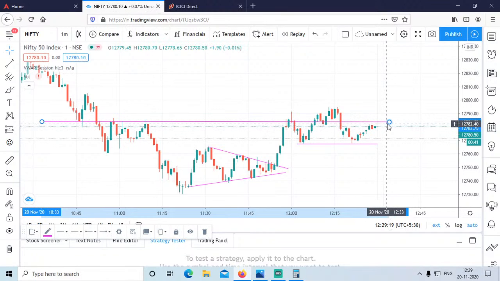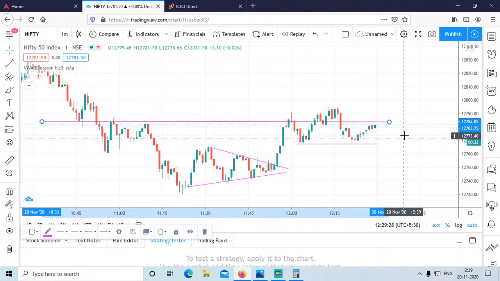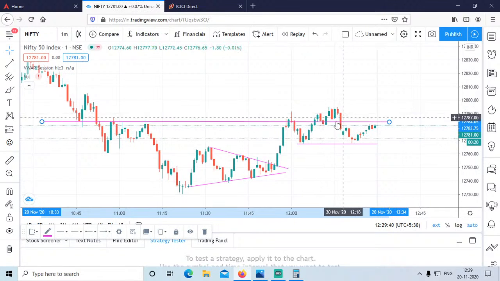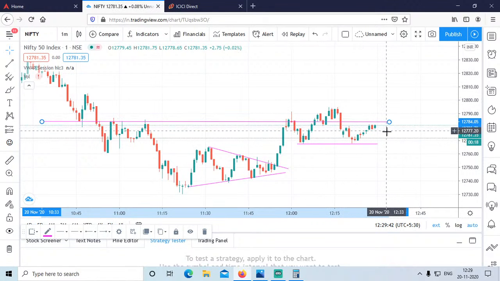So now it is trading at the resistance level. Either it can break out of the resistance level, or a false breakout is also possible, but we have to wait and watch.